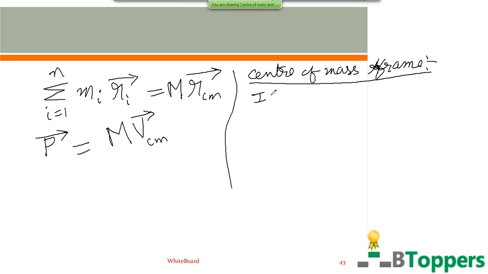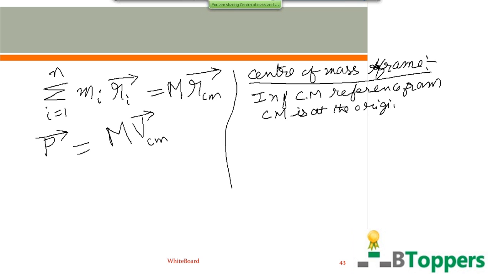In this center of mass reference frame, or in short CM reference frame, the center of mass is at the origin of the coordinate system. So the distance of the center of mass from the origin is 0, so R CM bar is 0 bar, and the velocity of center of mass will be 0.